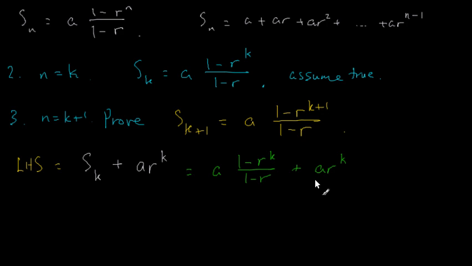Also notice that I have a here and a here as a common factor. So if I factor out the a, and I put this and this under the same denominator, then this part is just the same, 1 minus r^k.